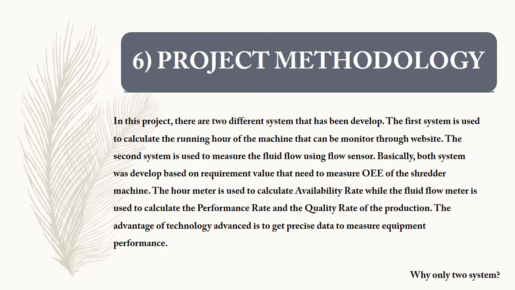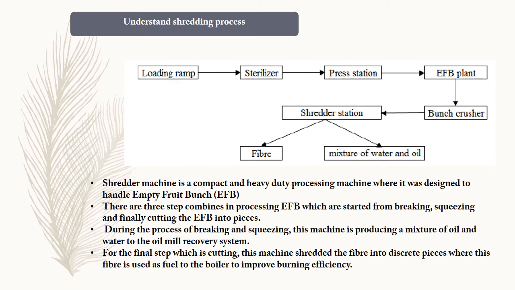So why only two systems? Before starting to develop a system, we must understand the shredding process. The shredding machine is a compact and heavy-duty process machine designed to handle empty fruit bunch (EFB). There are three steps combined in processing EFB, which are breaking, squeezing, and finally cutting the EFB into pieces.